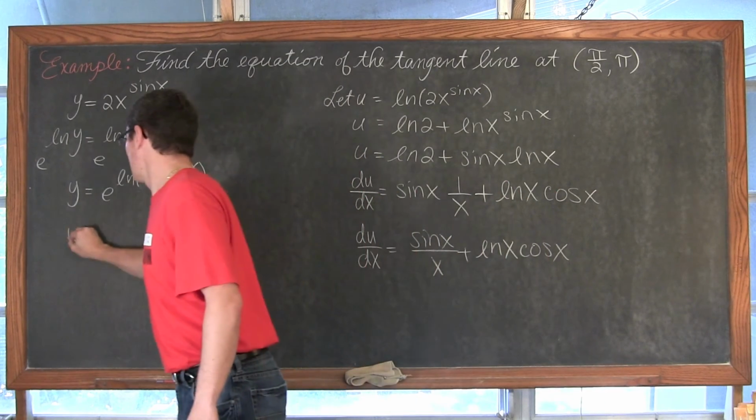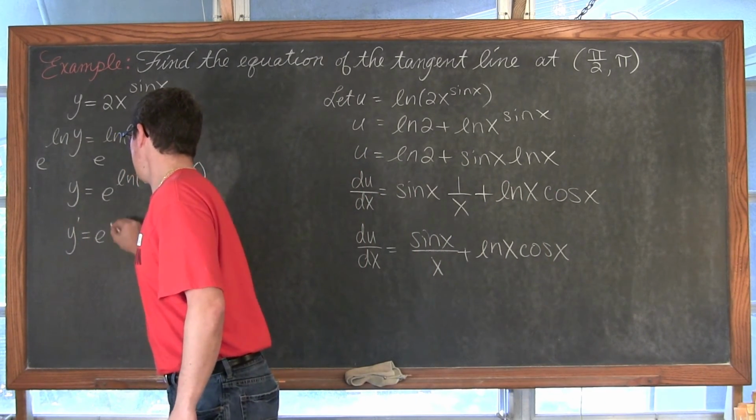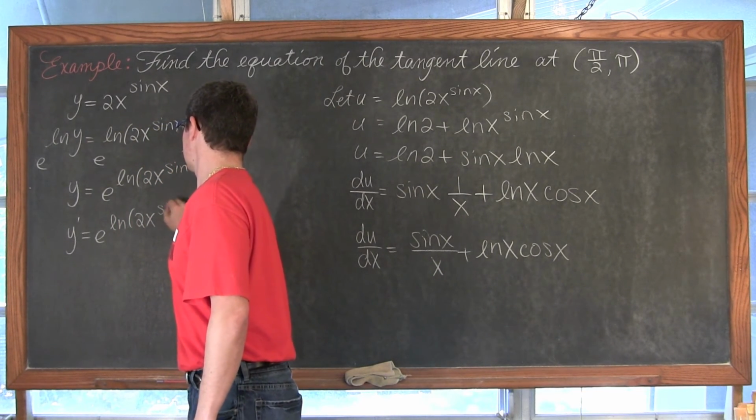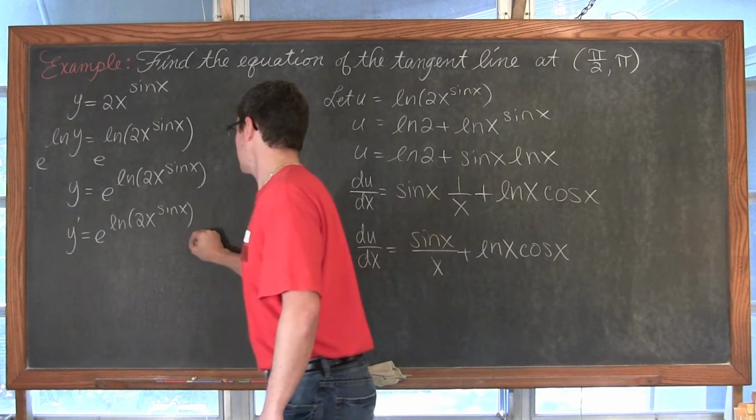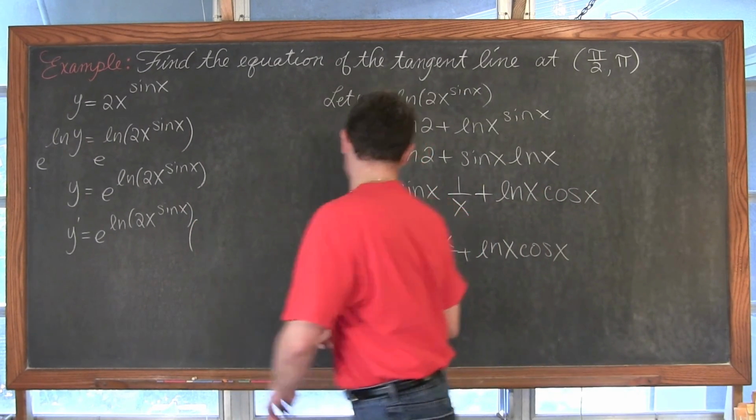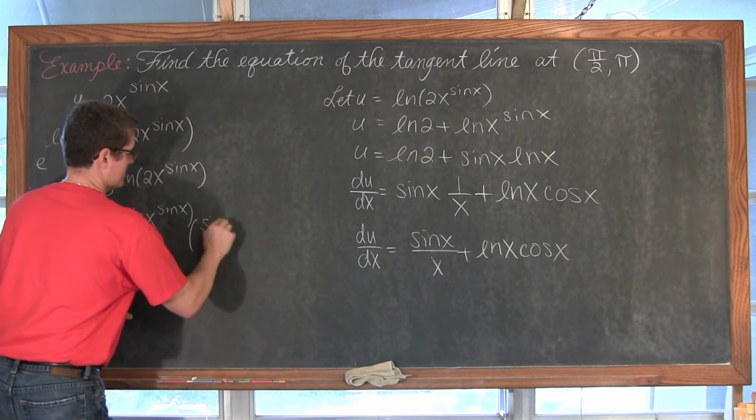So y prime is equal to e to the natural log of 2x to the sine of x power times all of this, which is going to be, of course, just copying this over.